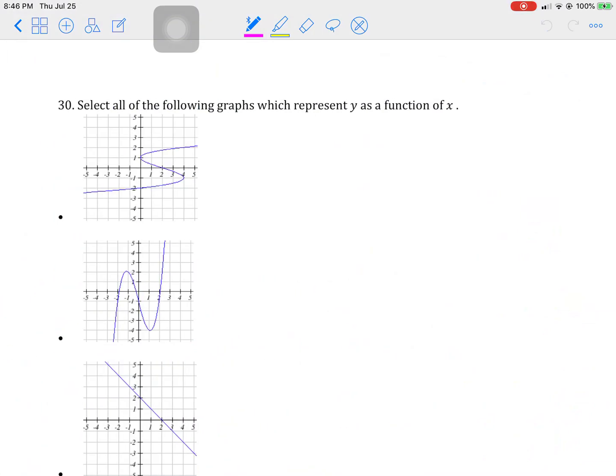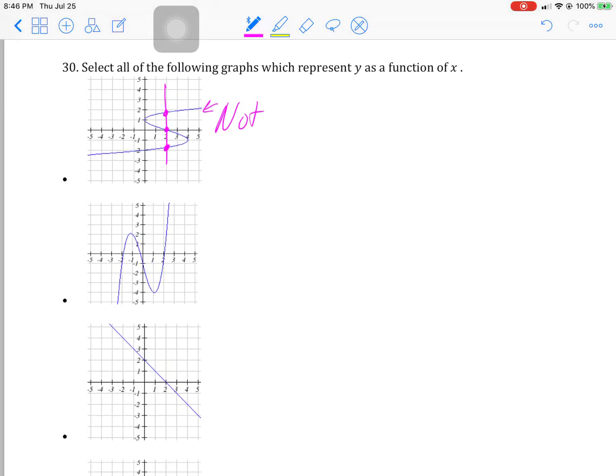Number 30 says, select all the following which represent a function. I'll do this one real quick. I have in mind the vertical line test. If you can draw a vertical line through the line of the graph, the blue one there, the squiggly one, and you hit the graph more than once, it is not a function.